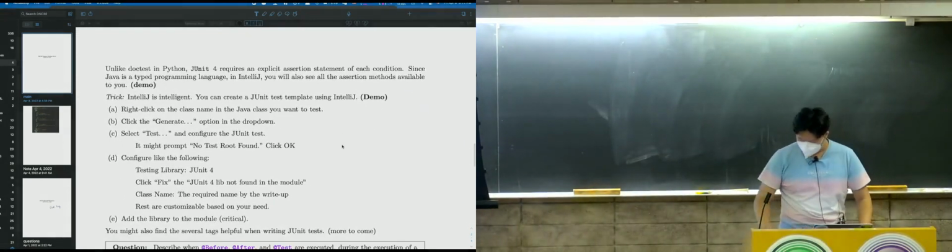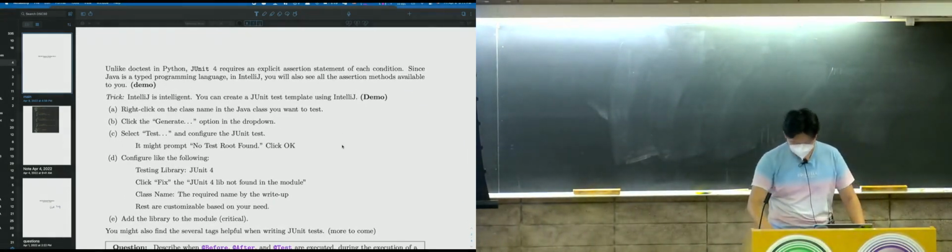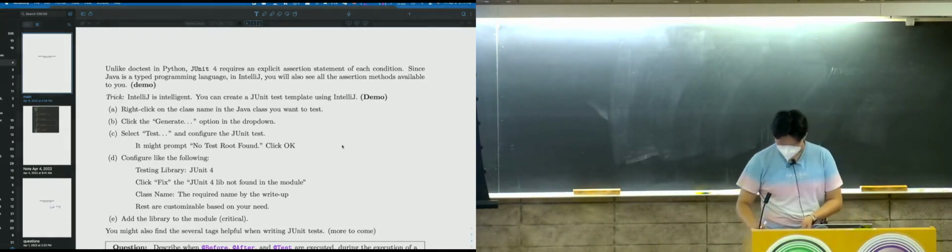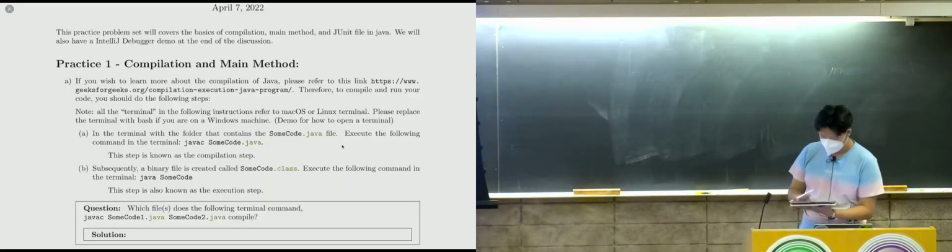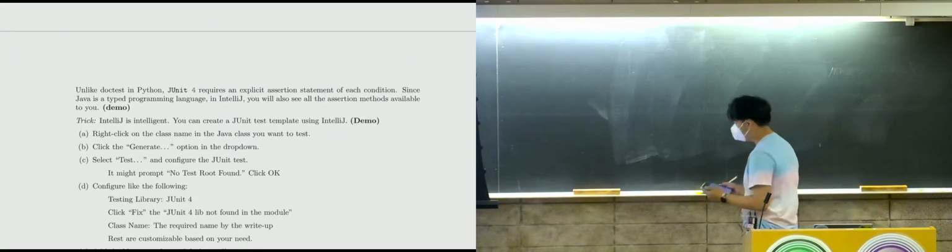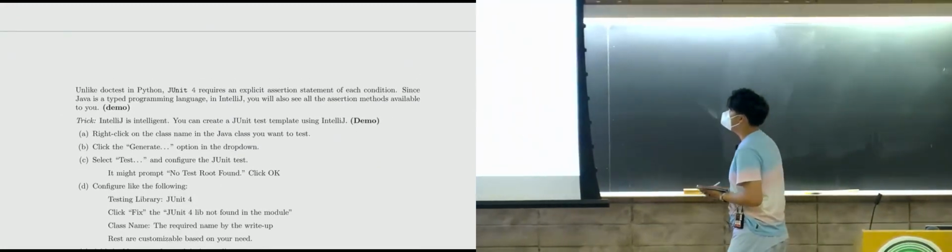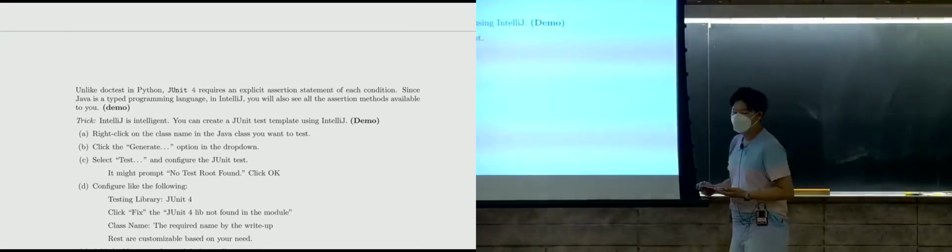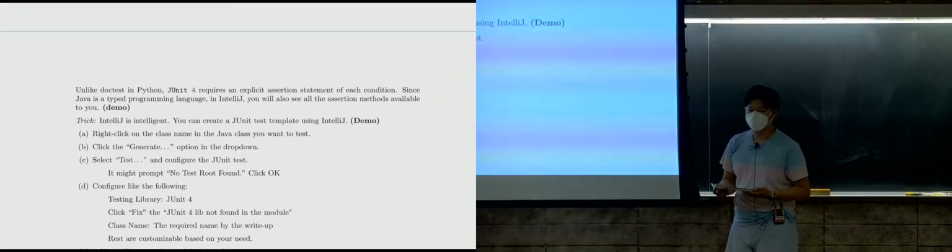So unlike doctesting in Python, JUnit4 requires an explicit assertion statement for each condition. So you need to assert equals on every single thing that you are going to test.